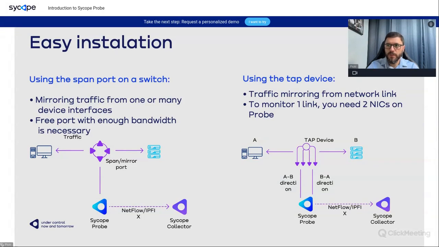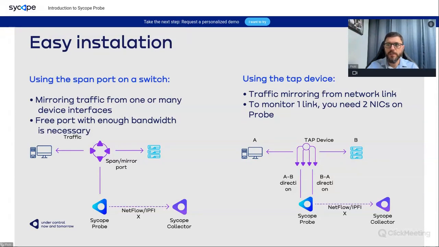You can use the span or mirror port on your switch or router to provide the copy of the traffic to the probe. Then probe will analyze the packets, will generate the NetFlow or IPFIX data, and will send it to the collector for additional analysis. So you can use it in this way.